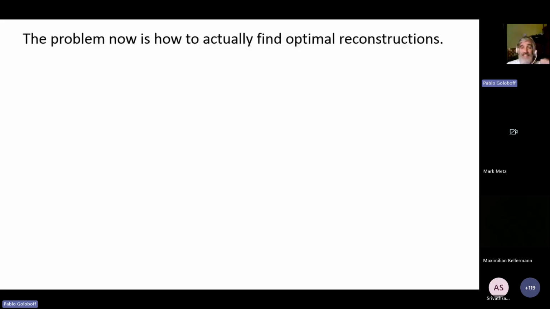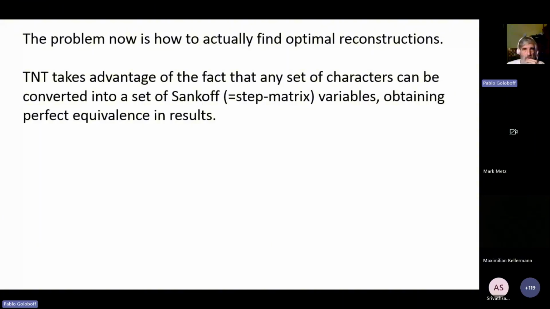Okay, so that's how the criterion in itself would work, because we are simply enumerating reconstructions. I am giving you some alternative reconstructions and we are evaluating those. So the problem is how you can actually find optimal reconstructions, right? Because you need to be able to do that.